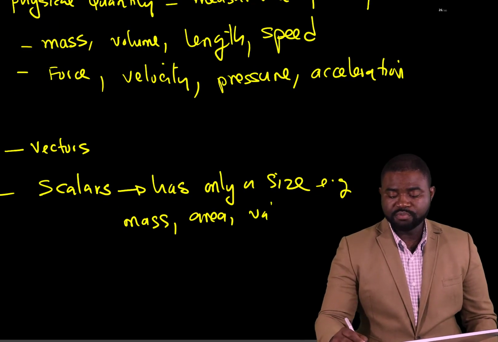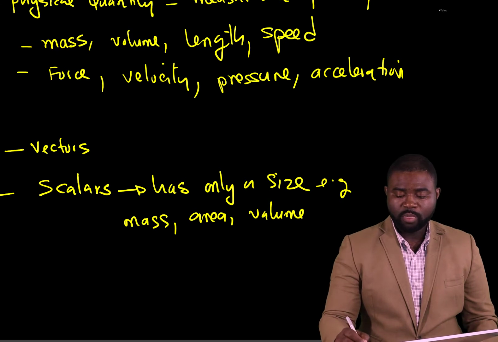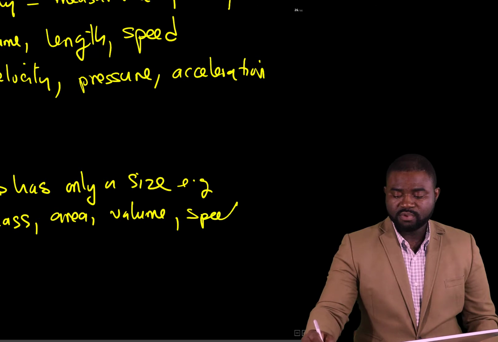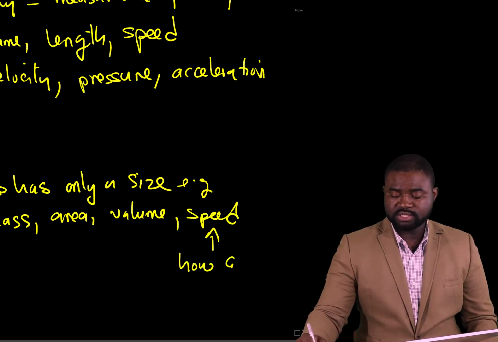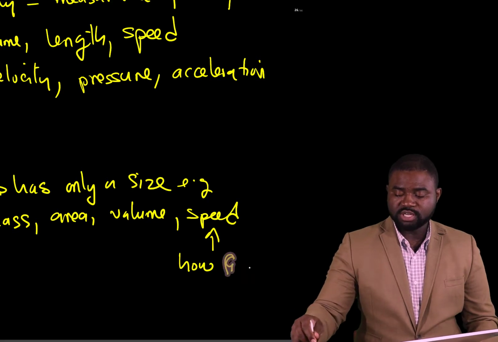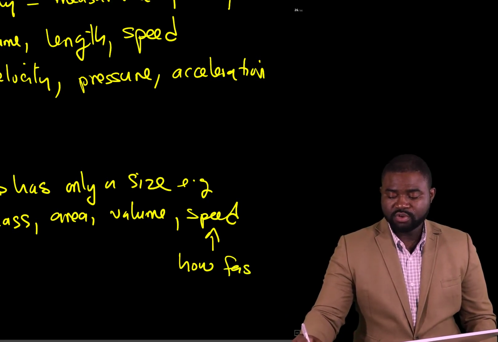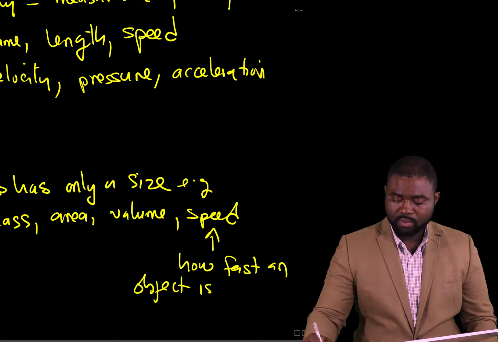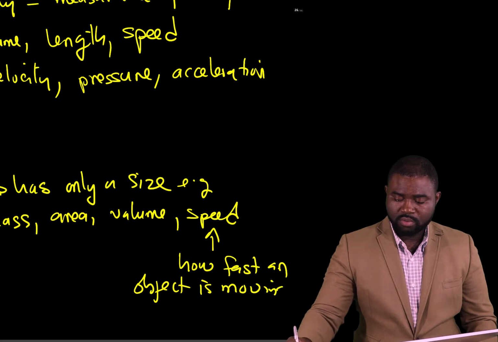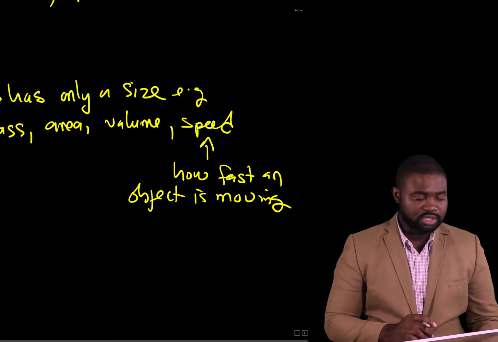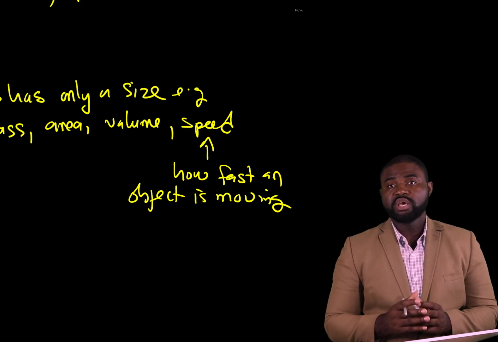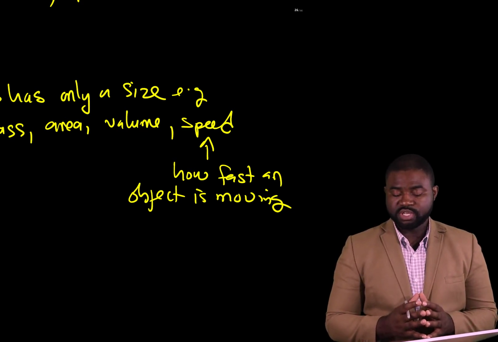You have volume. You have speed. Speed really just represents how fast you are moving, how fast an object is moving. So it has just a size, it really has no direction associated to it.